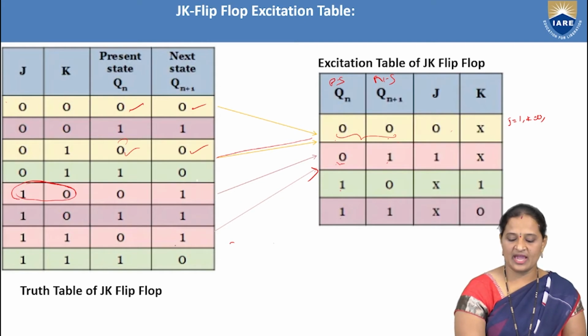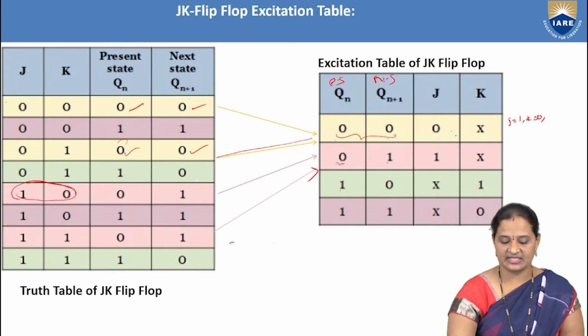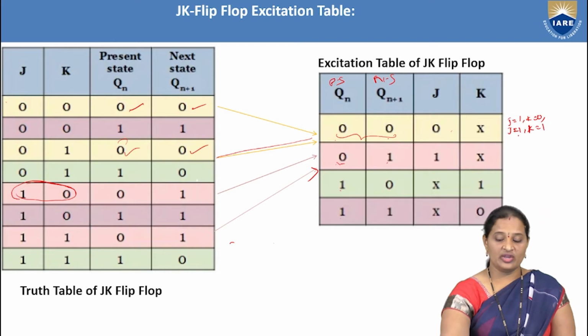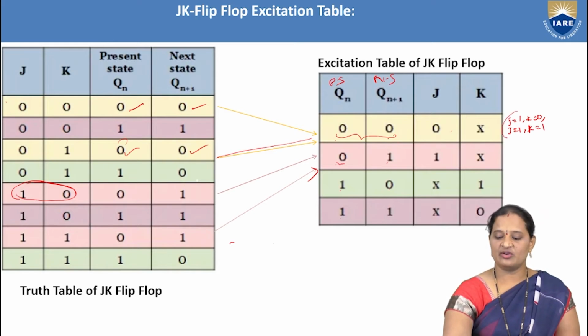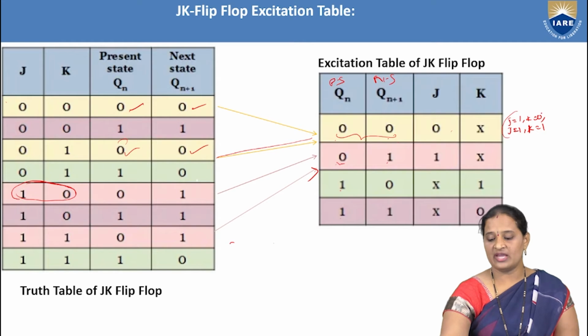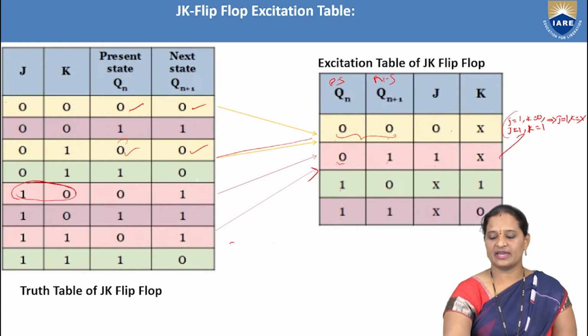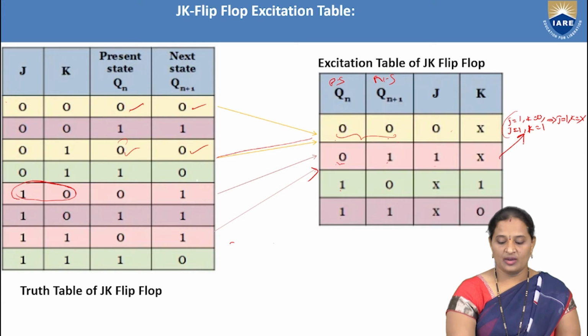This is another combination where J is equal to 1 and K is equal to 1. If you observe, the J value is common, which is 1, whereas the K value is varying, and hence I can write J is equal to 1 and K is equal to don't care. So that is filled in the second one. For achieving a transition from 0 to 1, the J and K inputs must be 1, don't care.